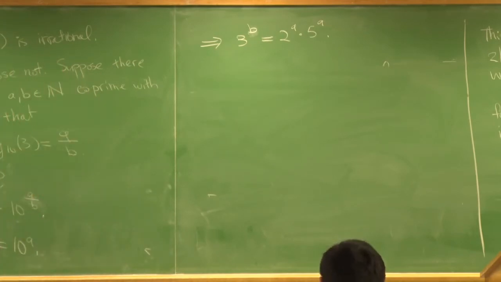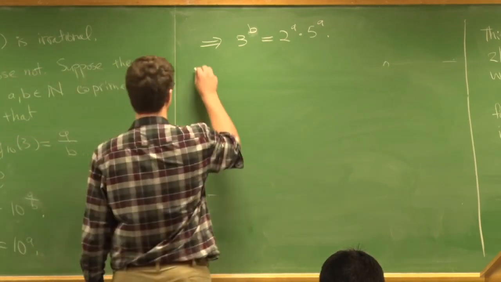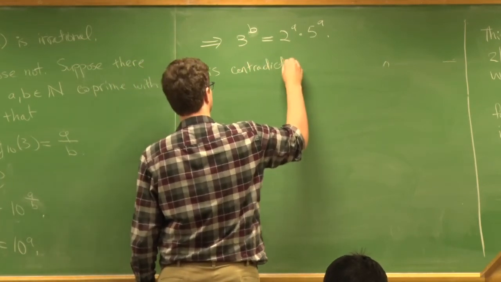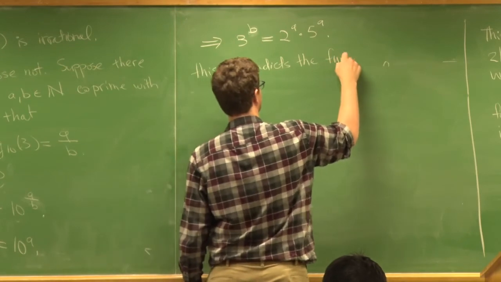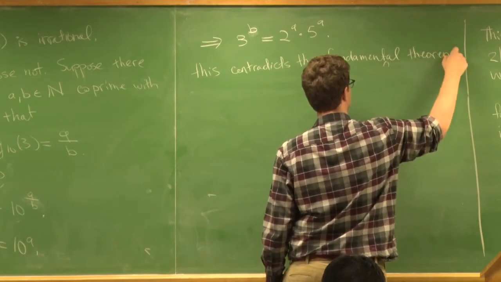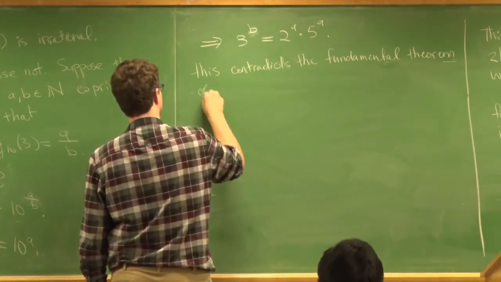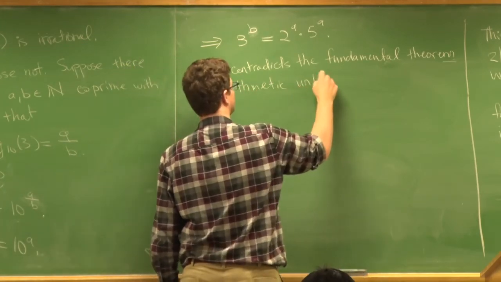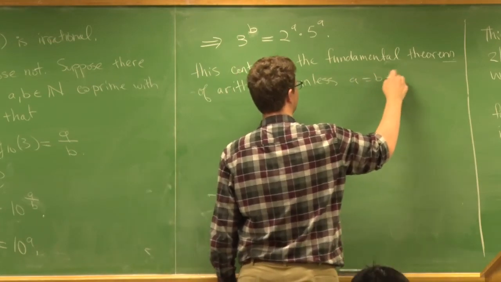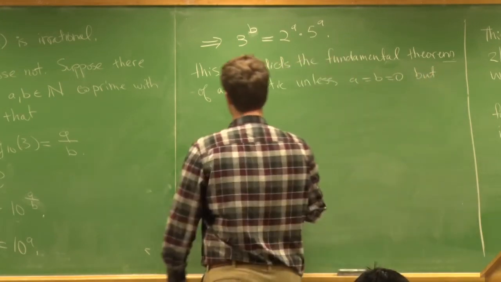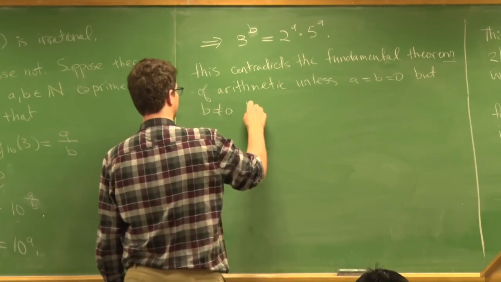So this contradicts the fundamental theorem of arithmetic, unless a is equal to b is equal to 0, but b is not equal to 0 by assumption.